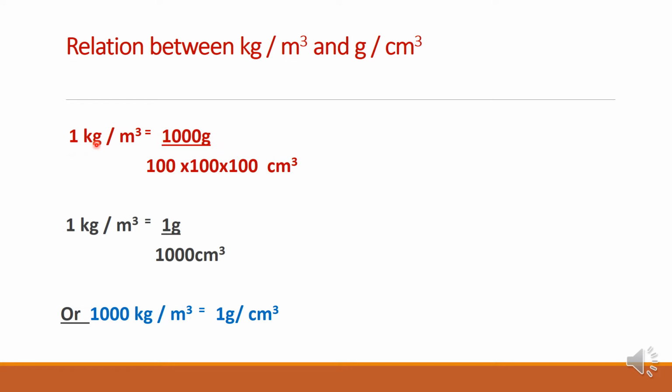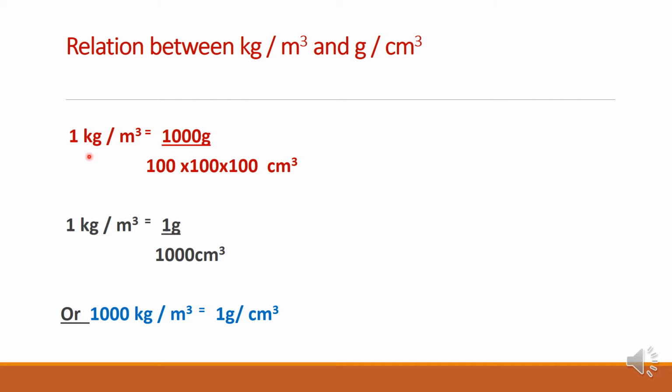So instead of 1 kilogram, I have written 1000 gram. And in the denominator you have meter cube, which means meter into meter into meter. Each meter we can convert into centimeter, so instead of 1 meter we put 100 centimeter, then 100 centimeter and 100 centimeter. So this is 100 into 100 into 100 centimeter cube.